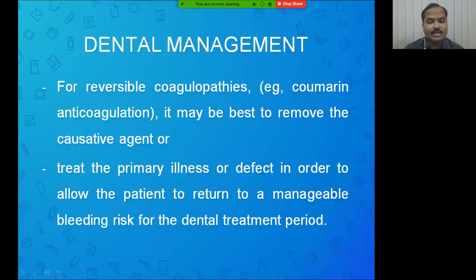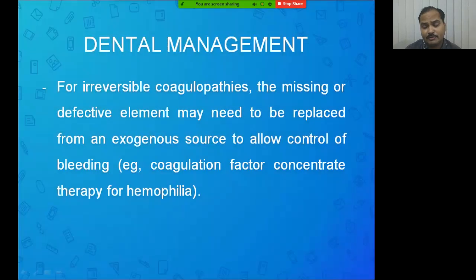For the reversible types of coagulopathies, which are induced by coumarin or anticoagulants given to the patients, it may be best to remove the causative agent itself if we can stop it. Then treating the primary illness or defect in order to allow the patient to return to a manageable bleeding risk for the dental treatment period, we can also do that in cases of reversible ones.